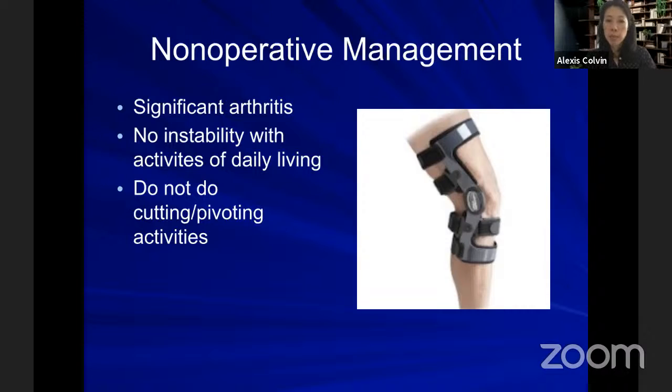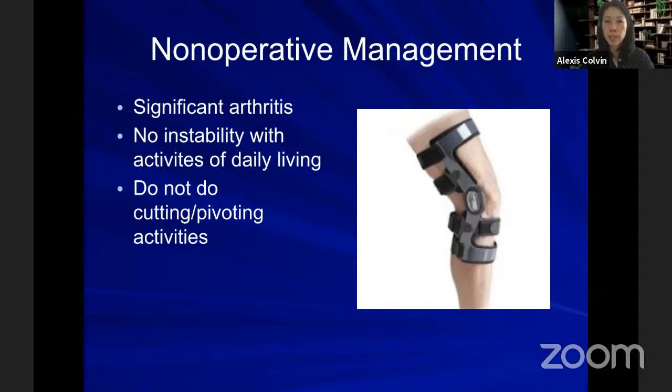Number two would be someone who doesn't have any instability with daily activities. Someone is pretty much doing every activity they want to do, and then there's really no reason to do surgery. The reason to do surgery would be if someone said they can't walk around without the knee buckling on them, or they can't go back to their commute to work without their knee buckling, or maybe they're a construction worker and they can't do their job because the knee is buckling on them.